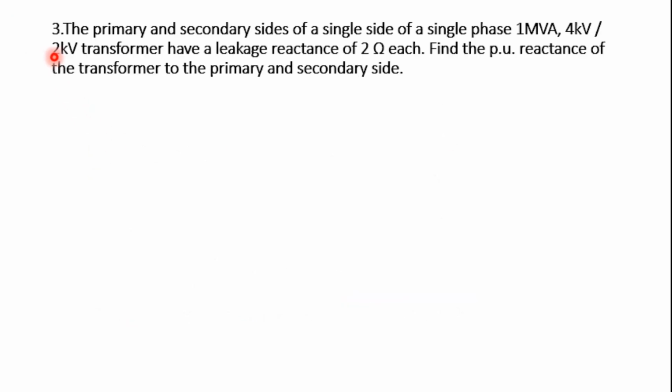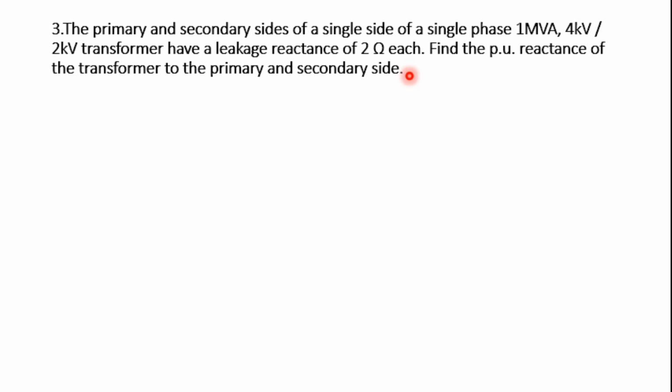Let's see another example: the primary and secondary sides of a single phase 1 MVA, 4 kV by 2 kV transformer have a leakage reactance of 2 ohm each. Find the per unit reactance of the transformer referred to the primary and secondary side.